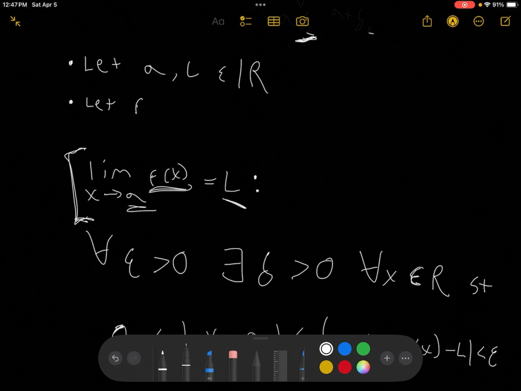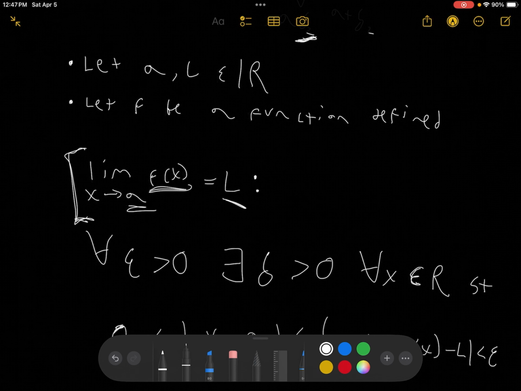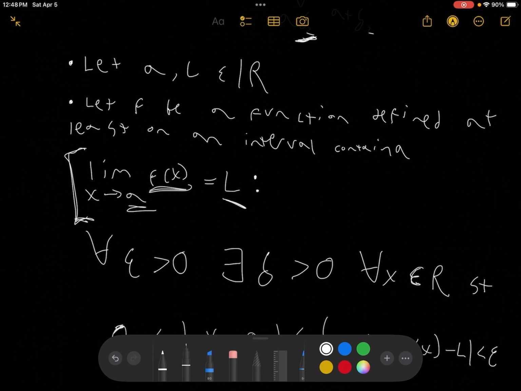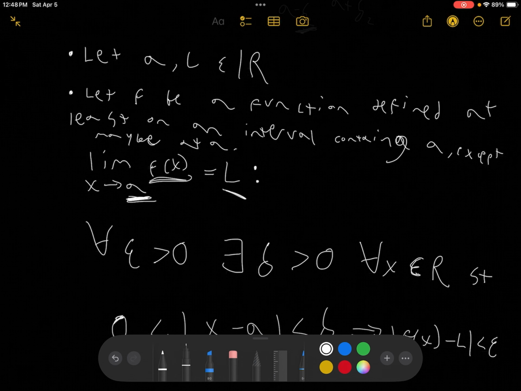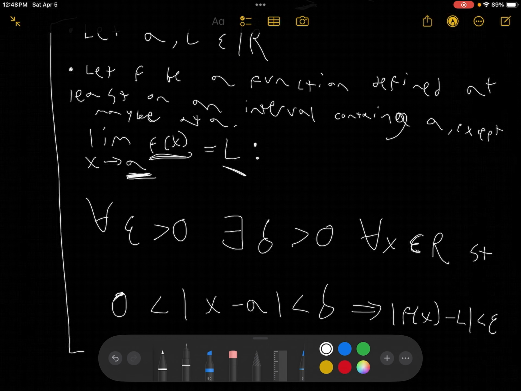We need to let f be a function defined at least on an interval containing A. And then remember that we actually don't need the function to be defined exactly at A. So we can say except maybe at A. So this is the full definition with all of our constants and variables defined.